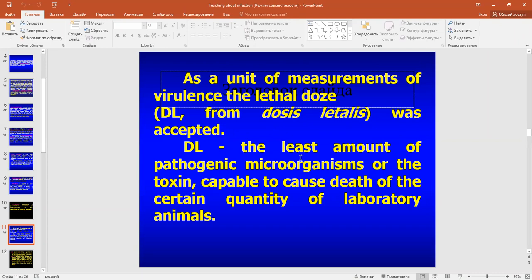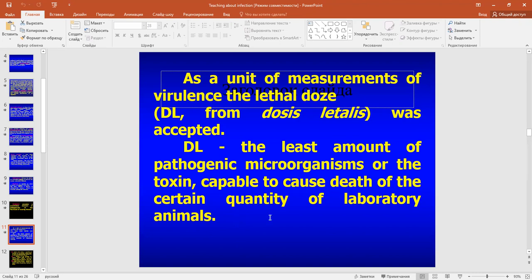Dosis letalis is the least amount of pathogenic microorganisms or toxin capable of causing death of a certain quantity of laboratory animals. Of course, this ability to cause infectious disease is estimated using laboratory animals.